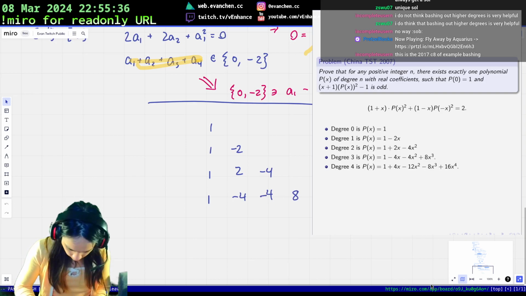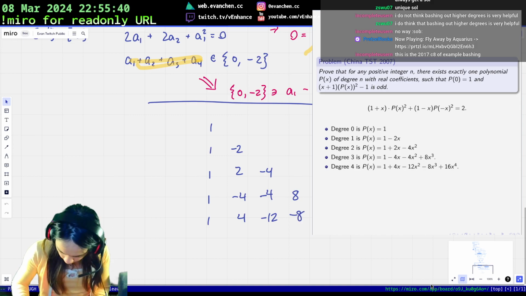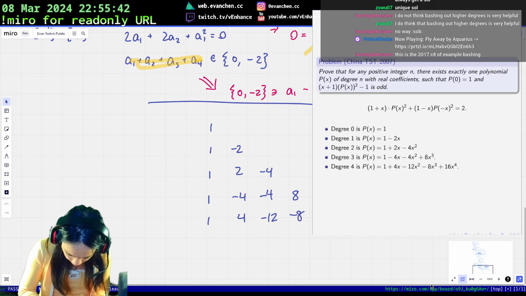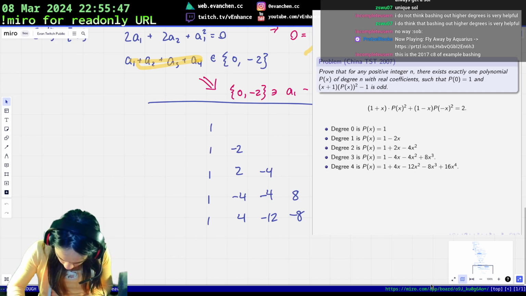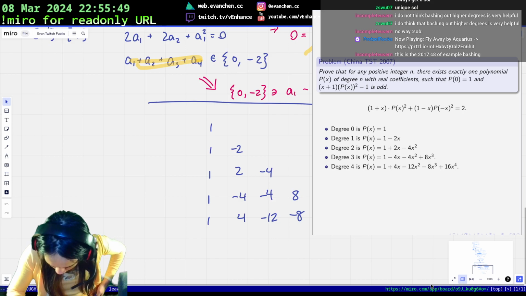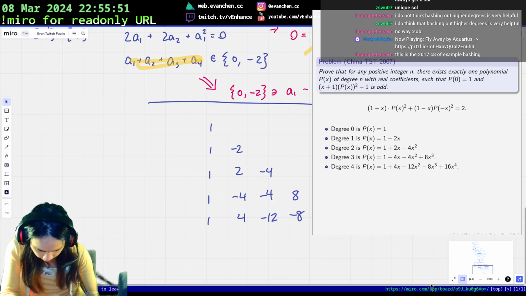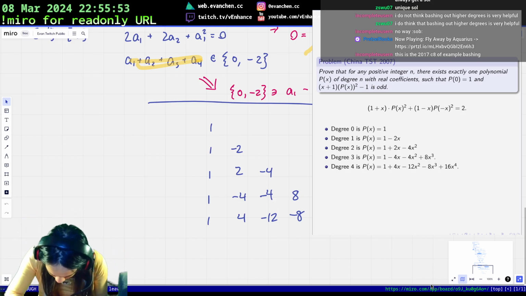Okay, so 1, 4, minus 12, minus 8, 16. So we're going to divide out by powers of 2. 1, 1, 1, 1. I don't know what the heck is going on with the plus minus signs though. Did I really not mess up any of the plus minus signs? Yeah, and then the fifth row has a plus 1 sign.